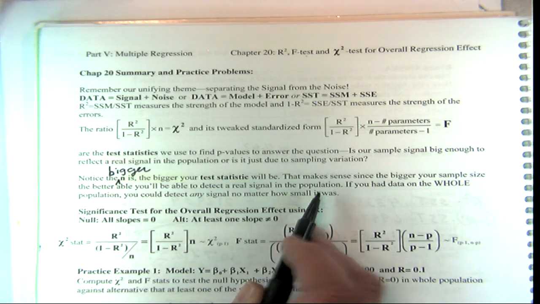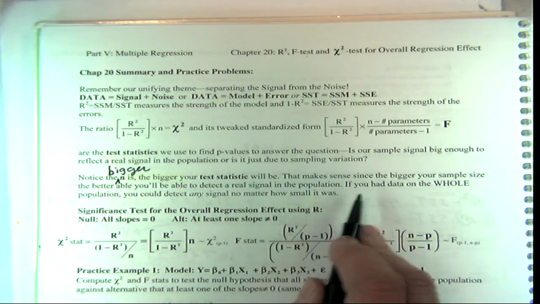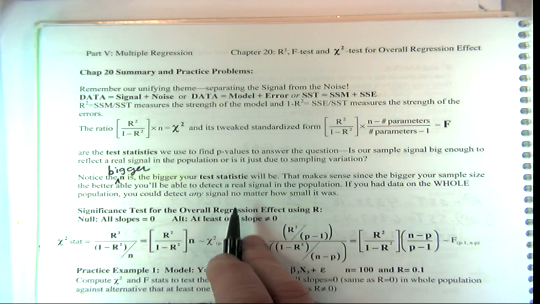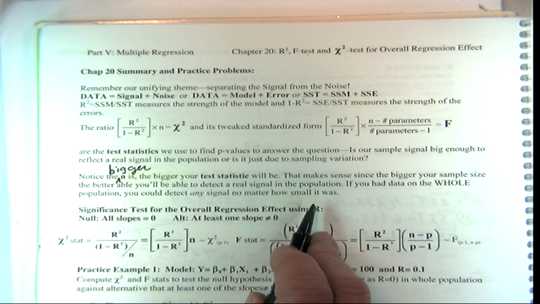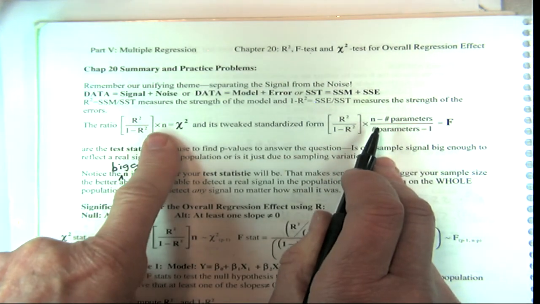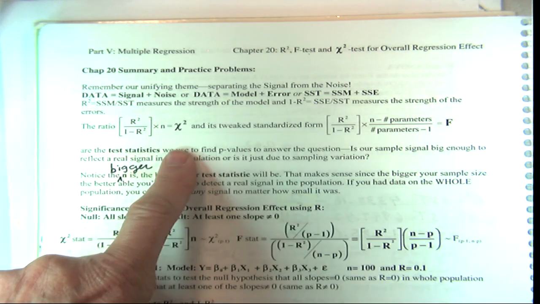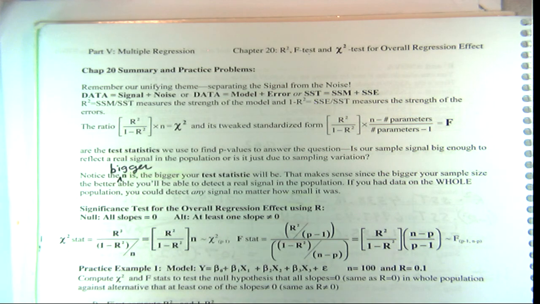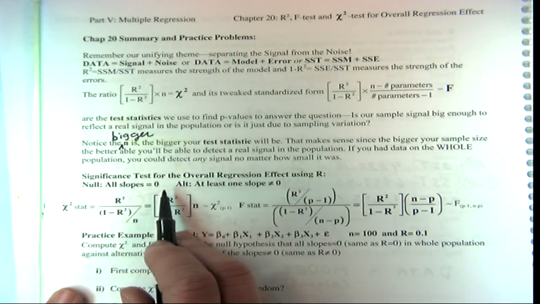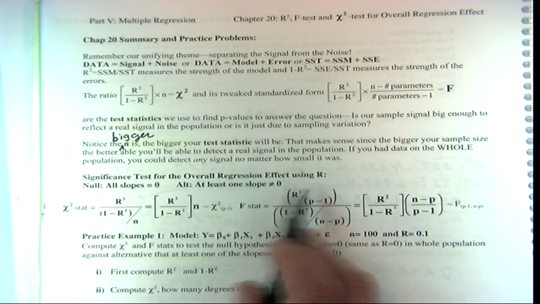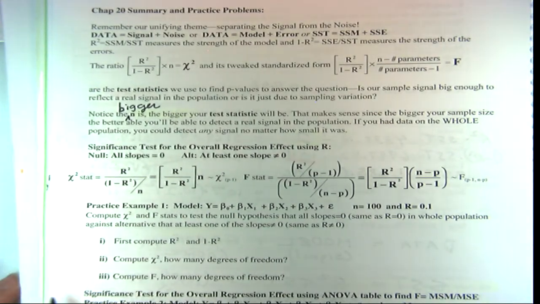That shows up right here, because you're multiplying by n up there. If you had data on the whole population, you could detect any signal, no matter how small it is. So this really shows you that the bigger n is, the stronger your test statistic is, so you'll have better evidence to hear a signal. Now, I'm just going to give you two practice examples.